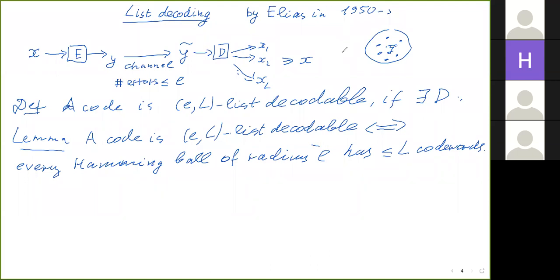Assume that we want to tell our friend the solution to some equation. X will be that solution, and the equation is known to our friend. He or she knows the equation, but doesn't know the solution.